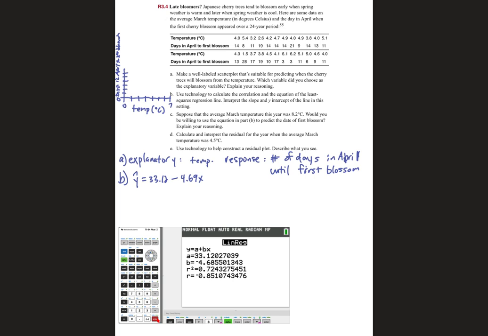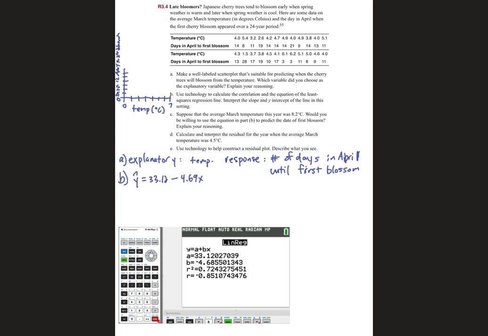When temperature goes down, days in April go up. So that's a negative relationship. And specifically with this negative 4.69, it means for every x, the y decreases by 4.69.